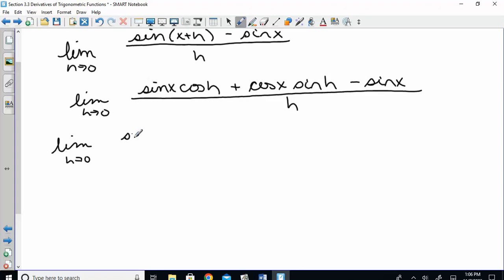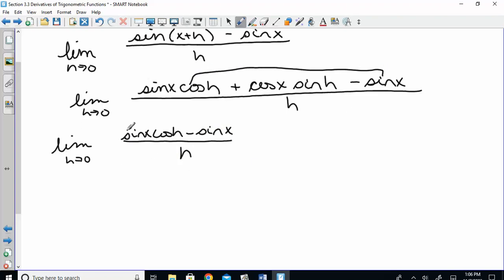What if I take sine x cosine h and go ahead and take my minus sine x with that? So I'm grouping these two together, plus we still have that middle one we haven't used yet.